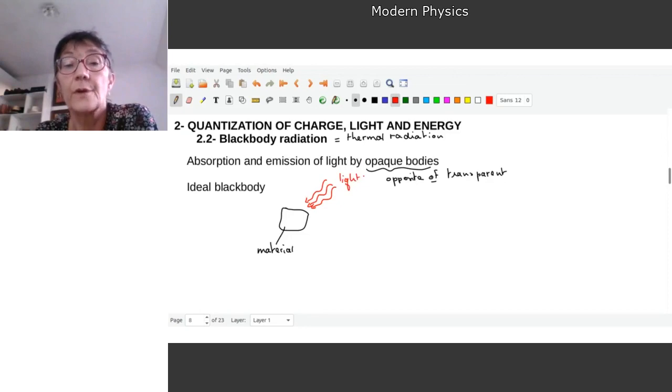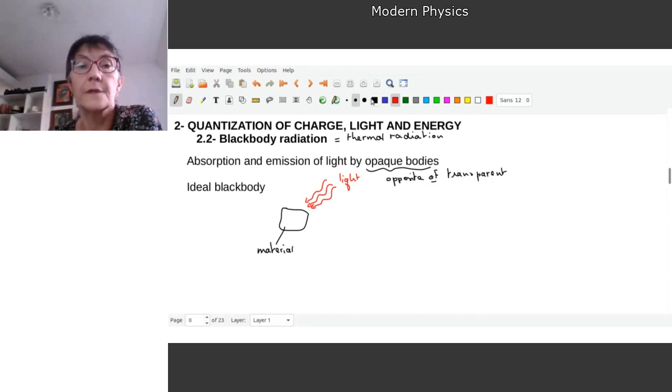This light will interact with the charges and the constituents, atoms, of the material, and so it will put, for example, the electrons to oscillate. This is an electric field, an electromagnetic wave. There is an electric field, and this electric field incident on the material will put the charges to oscillate at a certain frequency of the light.